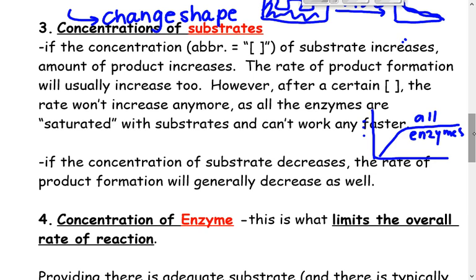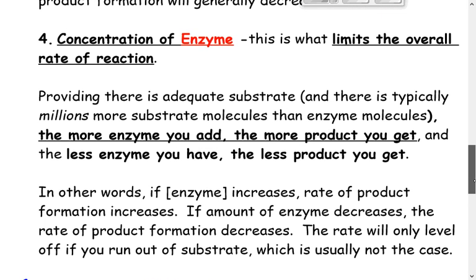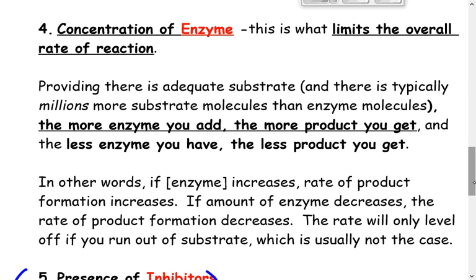Okay, concentration of enzyme. This is usually what limits the overall rate of the reaction. Provided there's adequate substrate, and there usually are millions more substrate molecules than enzyme molecules, the more enzyme you add, the more product you get. The less enzyme you have, the less product you get. So if the enzyme concentration increases, the rate of product formation will increase as well.